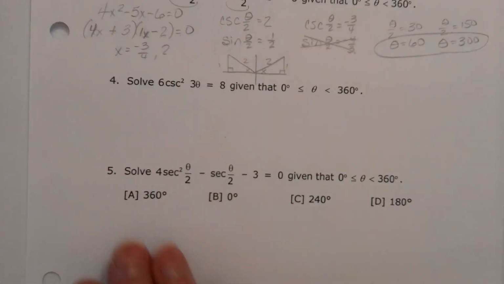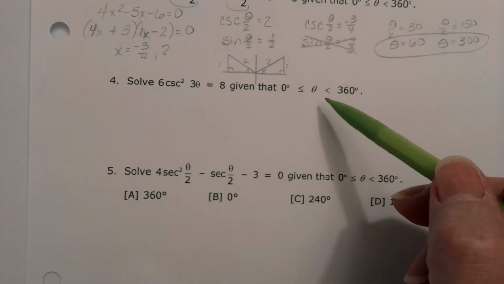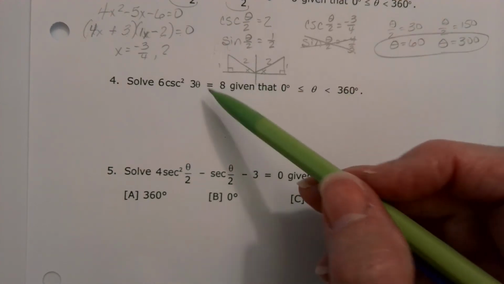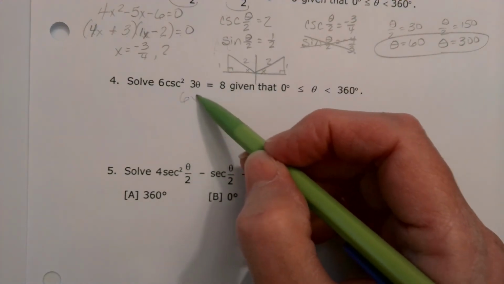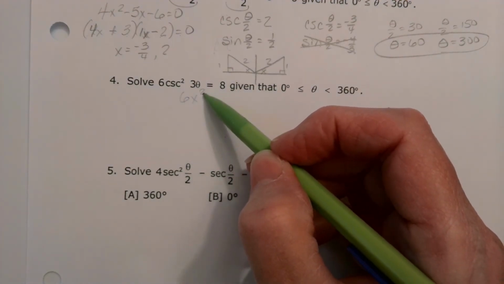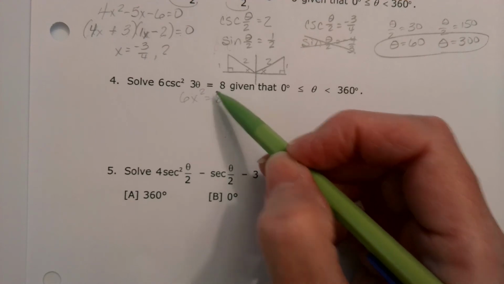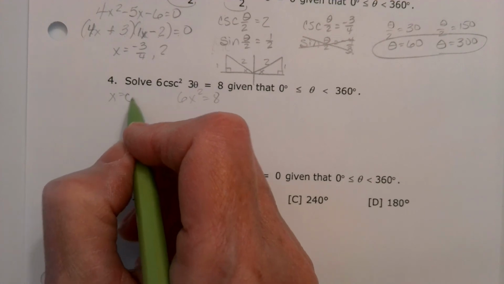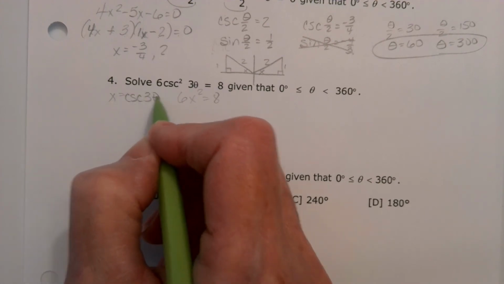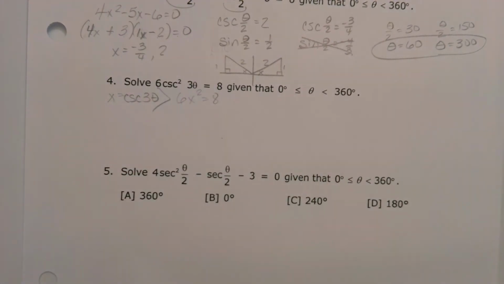All right. Let's look at this one. This one's a square, so it's like 6x squared equals 8. Okay? So you're going to let x be your cosecant of 3 theta. So think of it like that.